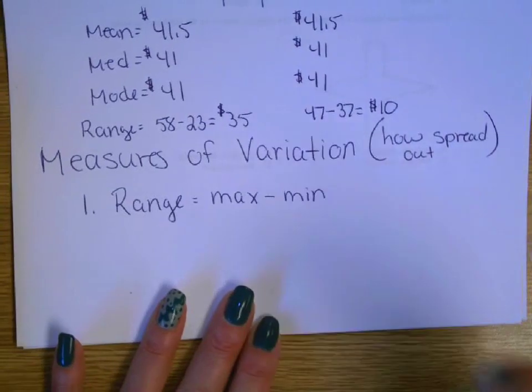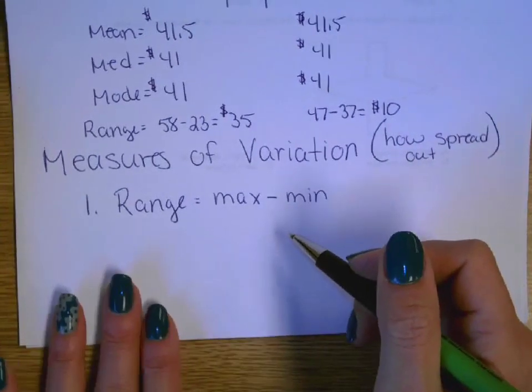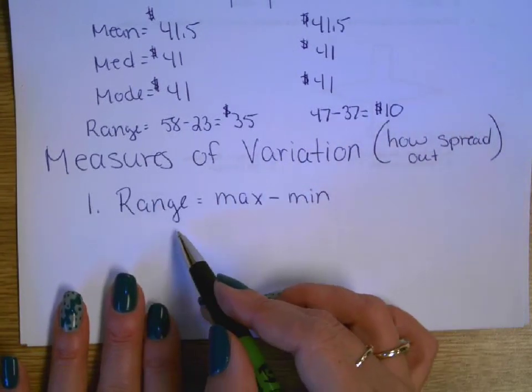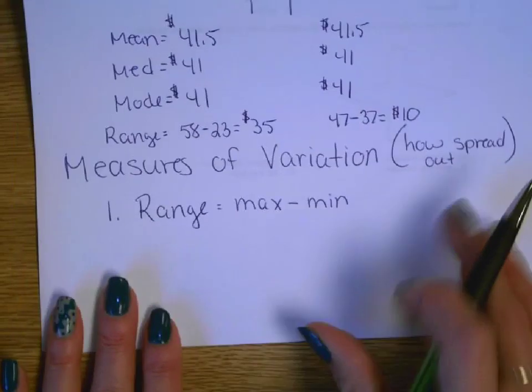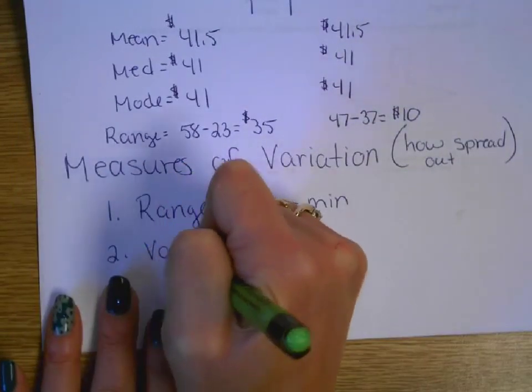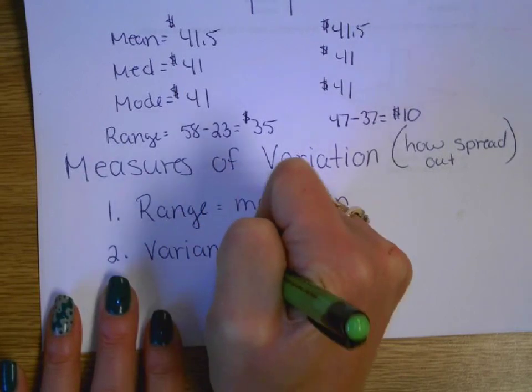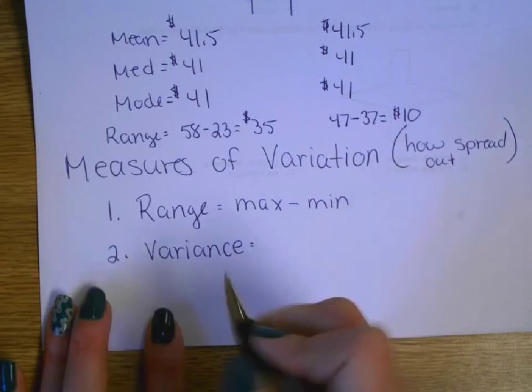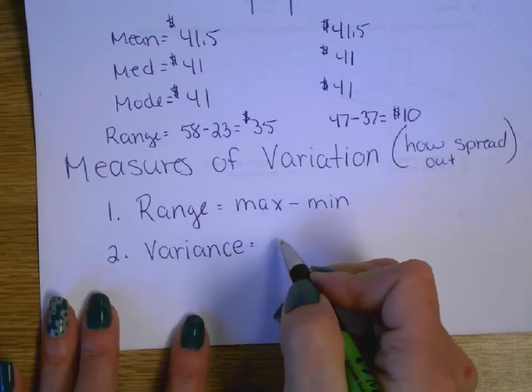So to fix that, we have 2 other measures of variation. One is called variance, and the other one is standard deviation. So variance, and there's a whole big process to get this.